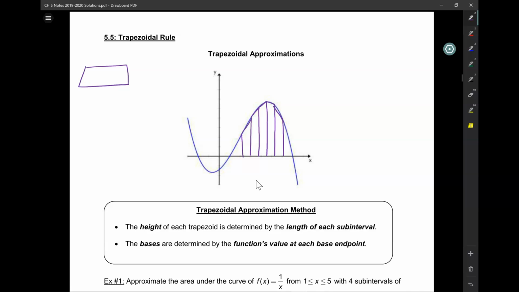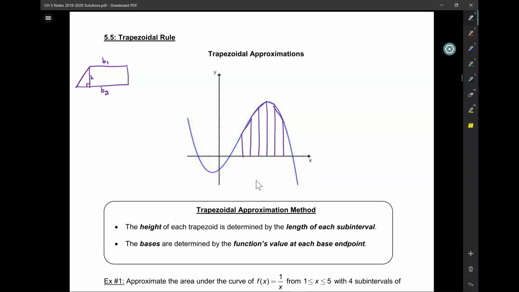So that's also a trapezoid. And when we draw that, what we have here is base 1 and base 2, right? The parallel sides are bases. And then the distance between the two parallel sides is the height. So here, that's the height.